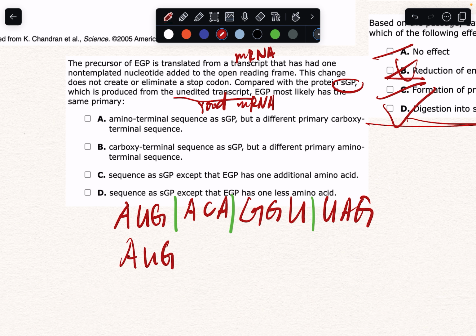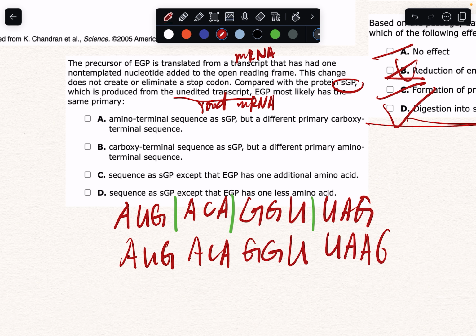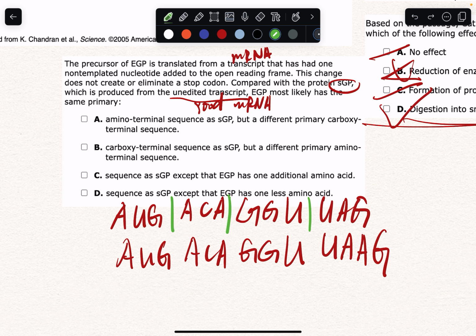So if I add 1, and let's say here I add another extra one, now my new reading frame is like this, and this. It was here. You see that originally I have this stop codon, but now I added 1. It doesn't create a new stop codon, and it doesn't eliminate a stop codon.